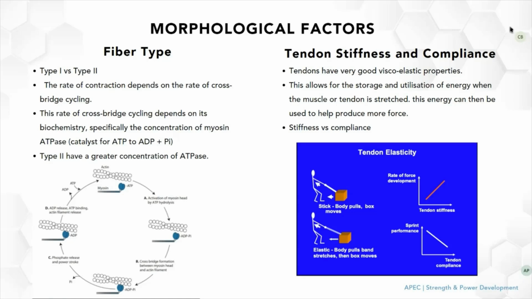And the rate of this cross-bridge cycling depends on the concentration of an enzyme or a protein called ATPase. Essentially what this does is it catalyzes, or speeds up, the breakdown of ATP into ADP and Pi, okay? So I know we're getting quite sciencey here, but if you look at this image down here, in the sliding filament theory, or how the actin and myosin interact, ATPase speeds up this first reaction.